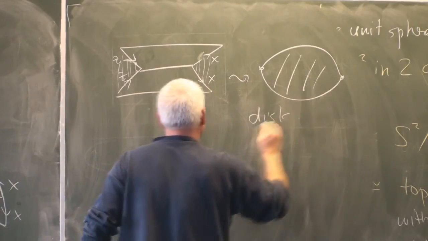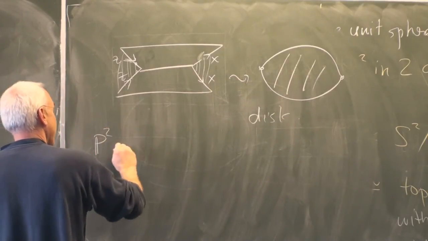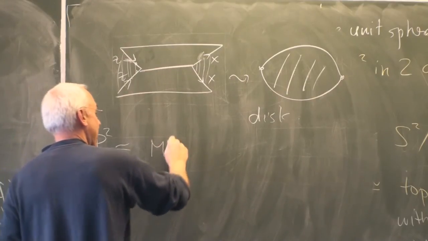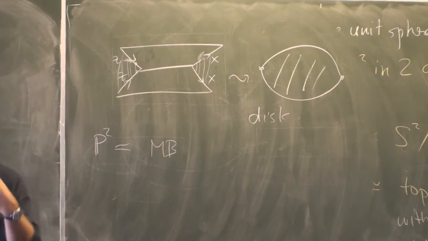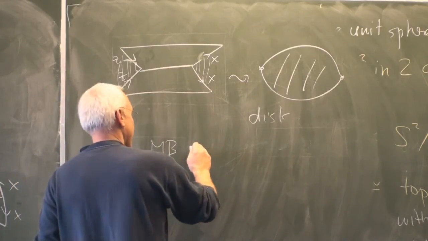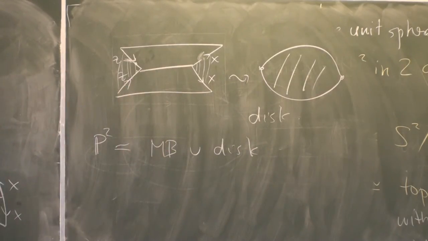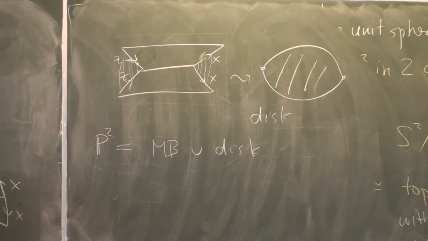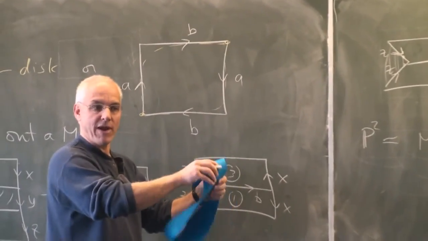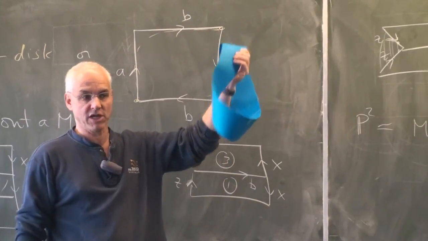And so that's telling us, therefore, that the projective plane is topologically a Mobius band with a disk glued on its boundary. Union disk. So it's what you would get if you took the Mobius band and took a disk and glued the disk to the Mobius band along the circle all the way around. When you've finished, that's it. That's the projective plane.